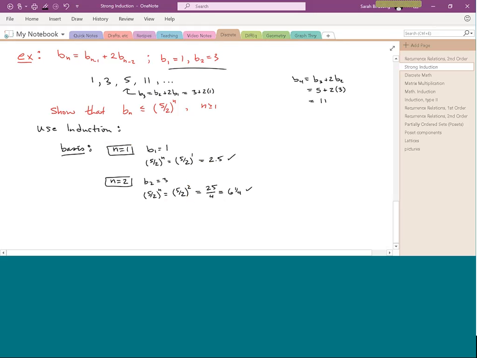Then we'll have n equals 3, and n equals 3 is the first time where we actually had to use the recursive formula. This is where we calculated the 5. So we'll pull the calculation of the 5 from previously, but this is where we actually used our recursive formula. Okay.